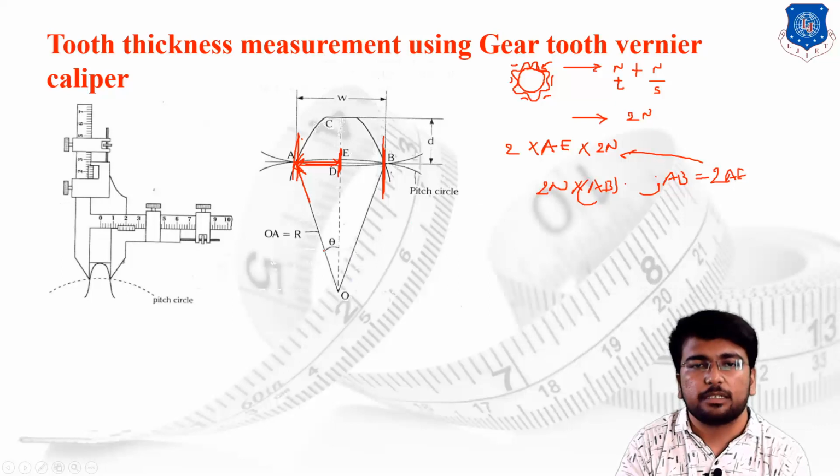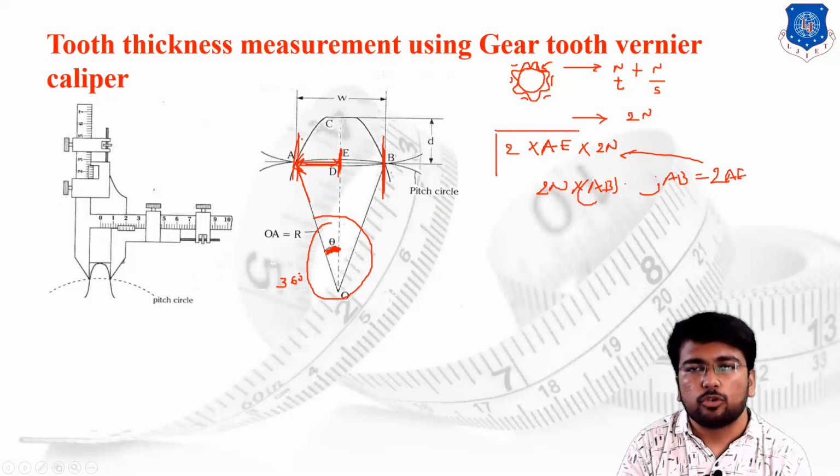Now if I have to measure the particular angle theta, what is the value of theta? How can I measure the angle? Suppose in a whole gear we have the total angle 360 degrees, and to cover the 360 degrees we have the total peripheral value 2 times AE into 2n. Using basic mathematics, for the angle of 360 we have the radial cover of 2 into 2n into AE.